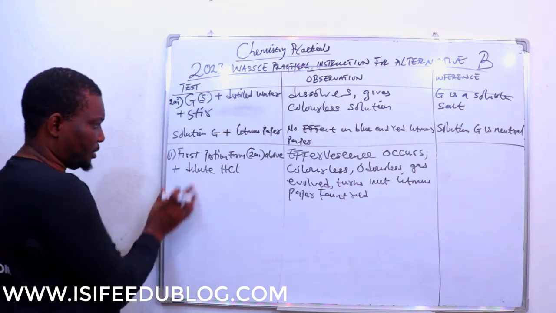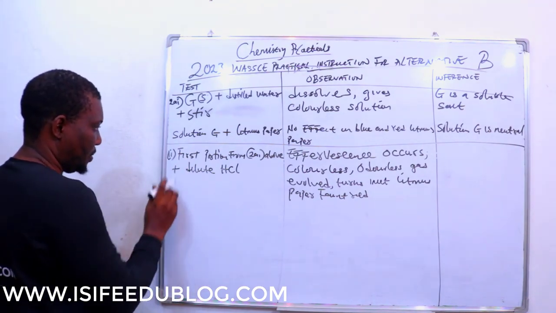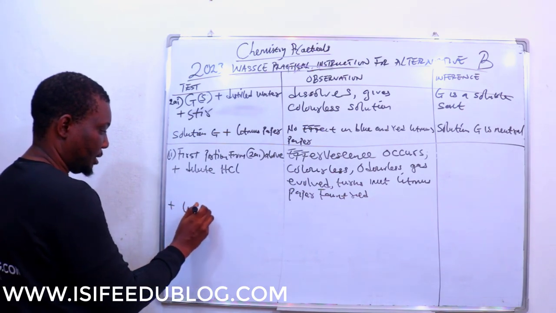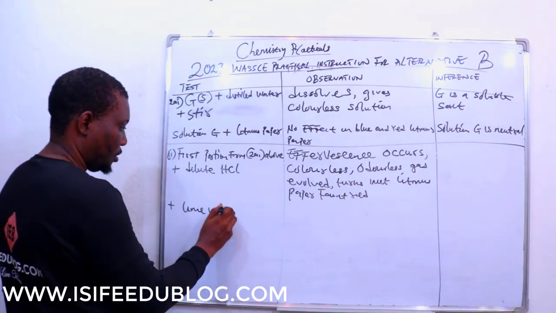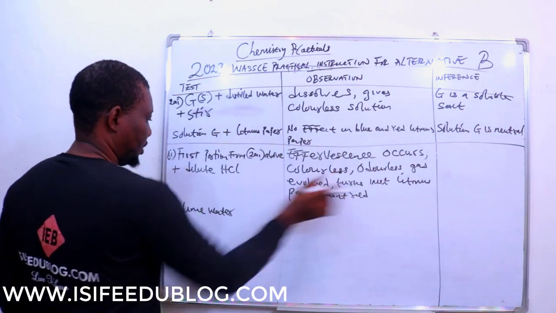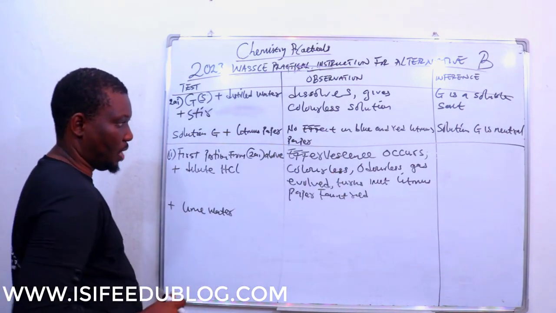But on the second analysis, you will be asked to add lime water. So when the gas is evolving, after observing this, you are asked to pass the gas over lime water. What happened to lime water?